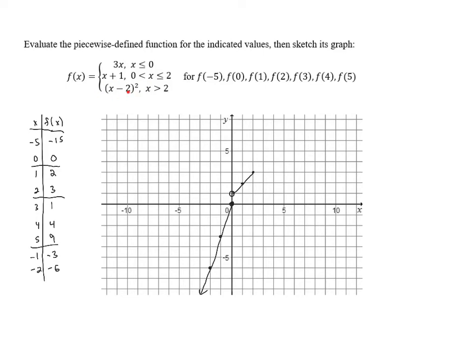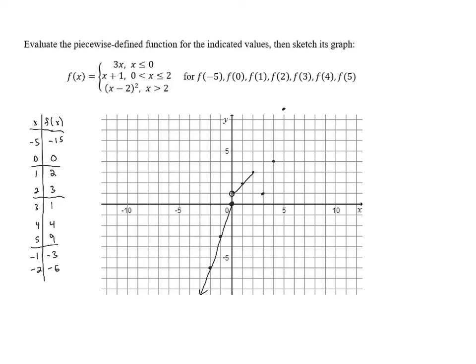The third part of the graph, (x minus 2) squared, is a quadratic expression, so we're going to end up with some sort of a piece of a parabola. We can plot those last points, (3, 1), (4, 4), and (5, 9).